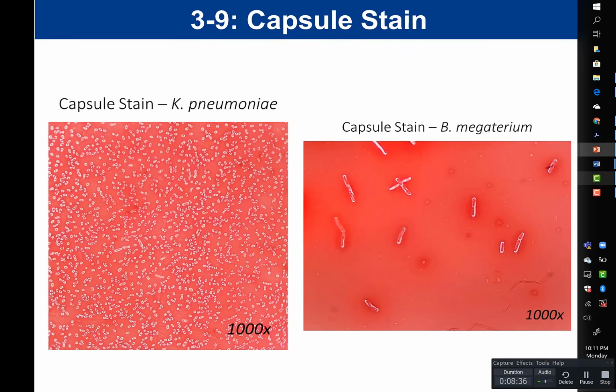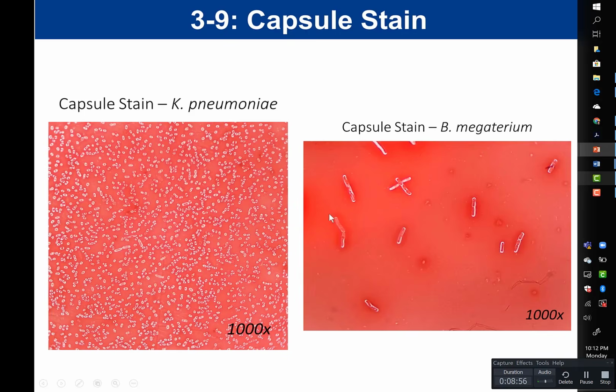And so you just want to know what the capsule stain will look like. You should be able to identify, not necessarily for the quiz, but for the exam, that these are examples of a capsule stain. You don't have to distinguish between if you're looking at Klebsiella pneumoniae or Bacillus megaterium.